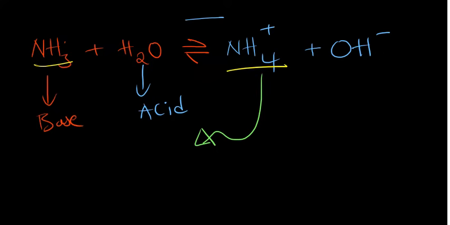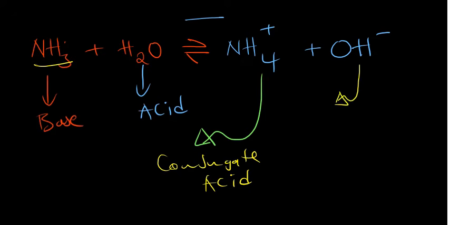The NH4 is going to be the one donating, so we call it a conjugate acid because it is capable of donating. It worked as an acid in the backward reaction. The hydroxide is definitely a base, so we're going to call it the conjugate base because it is the one that's going to accept a proton in the backward reaction.